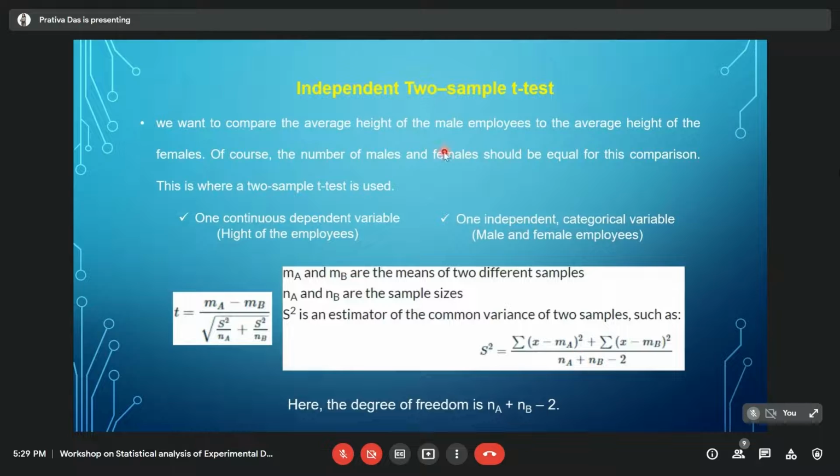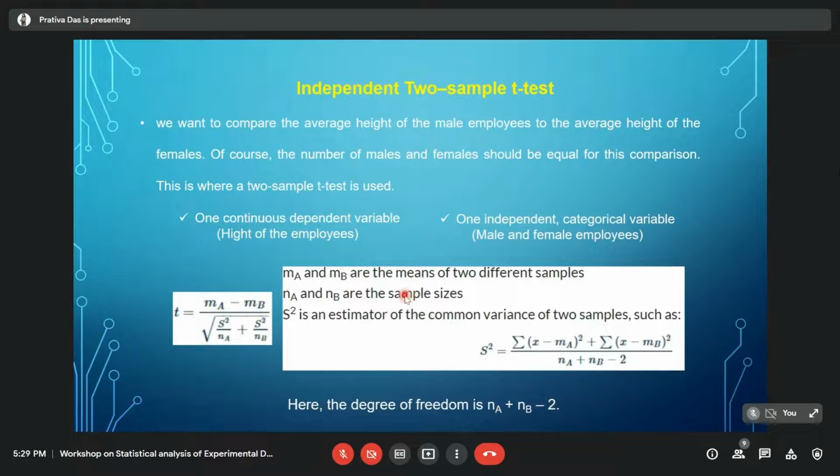Then the next is the independent 2-sample t-test. For the independent 2-sample t-test, the rule of thumb is that you should have one continuous dependent variable and one independent categorical variable. Now let's consider that in a company, we want to check if the average height of the male employees is equal to the average height of the female employees.